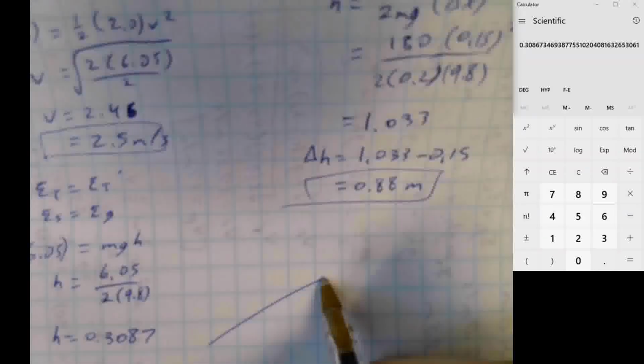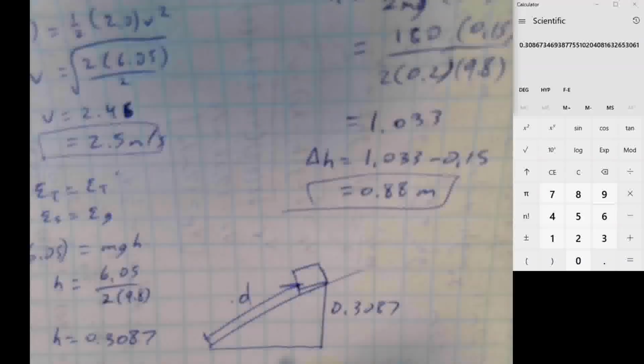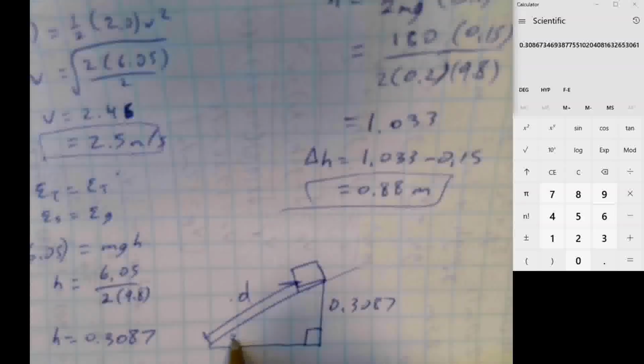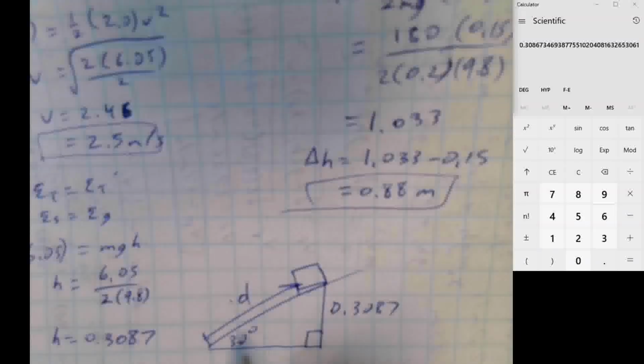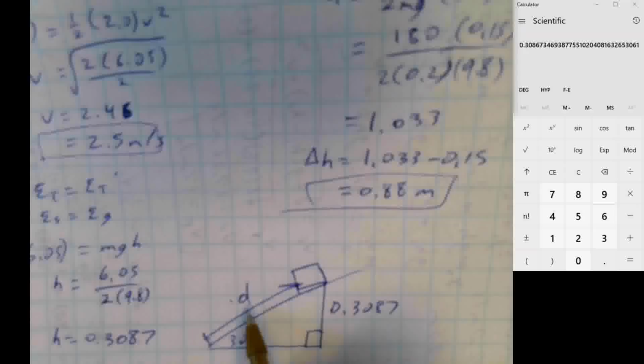So if I'm looking at the ramp like this, at this height, my block will hit here. But what I was asked to find out was how far up the ramp it travels. So this is my distance that I have to figure out. So I really have a right angle triangle where I know this angle because that was given. I know this height because I calculated it. I need to find that d, that it traveled up.